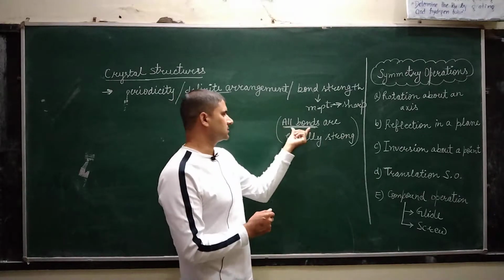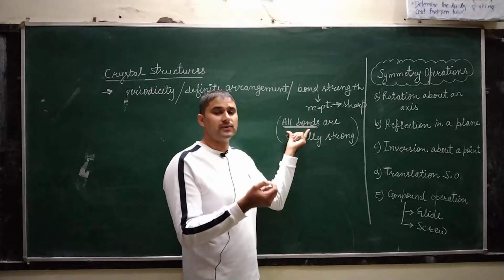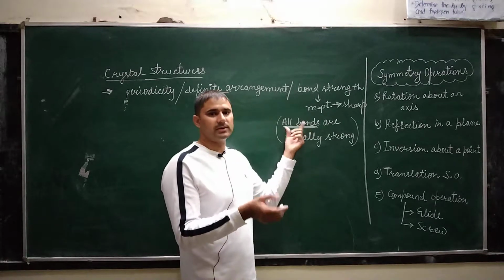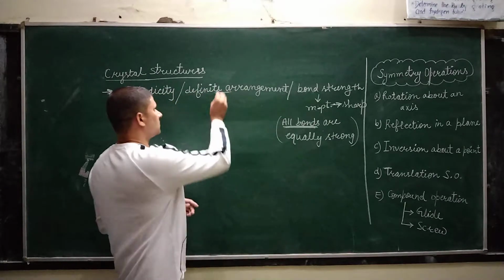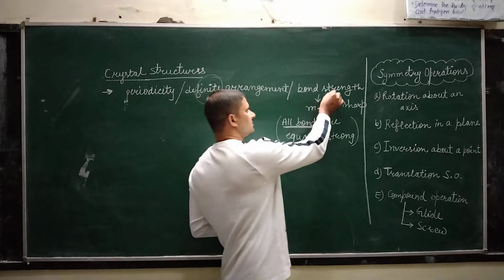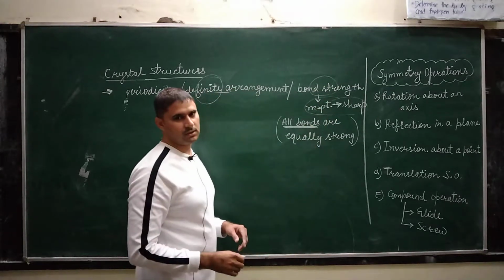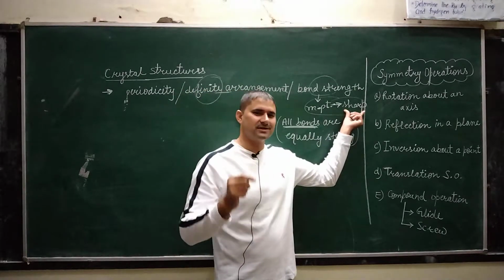If I assume it to be a true crystal, all bonds are made up of the same kind of particles, the arrangement is definite, and bond strength is the same, then the melting point will be sharp. So don't get confused with sharp and fixed, it is the same thing.